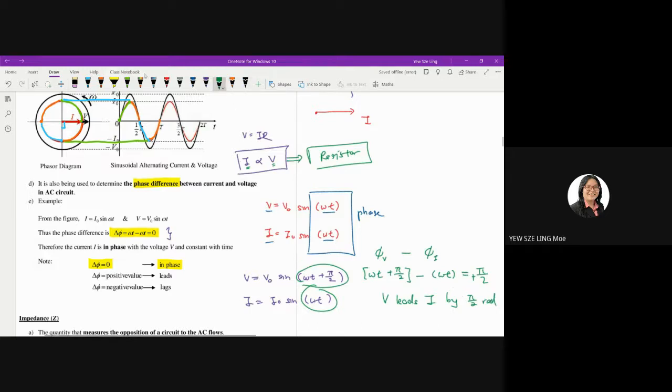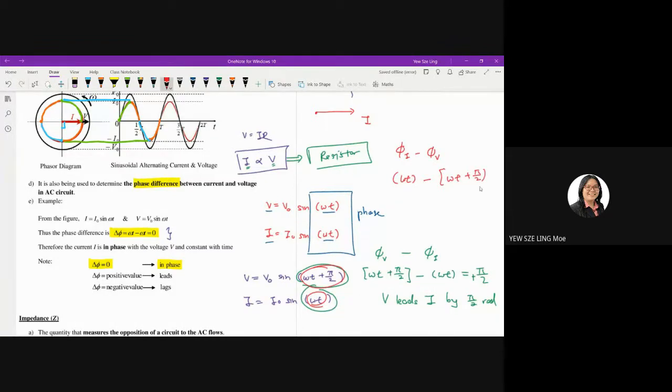But can you get a negative value? Yes, you can. If you use I minus V, so phi I minus phi V, it will give you omega t minus omega t plus pi over 2.